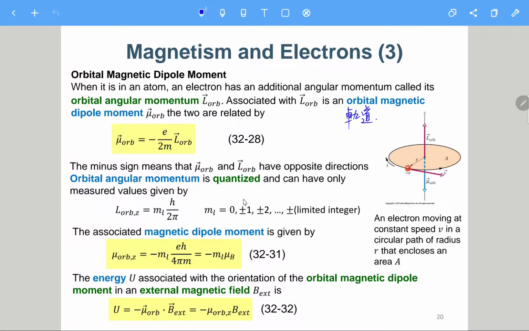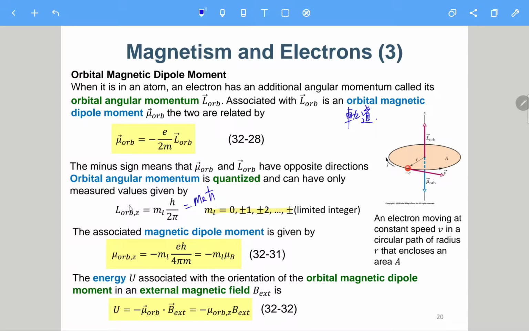When you learn quantum mechanics, you will know that this is the quantum number, and this is the reduced Planck constant. So it is ml times h bar.